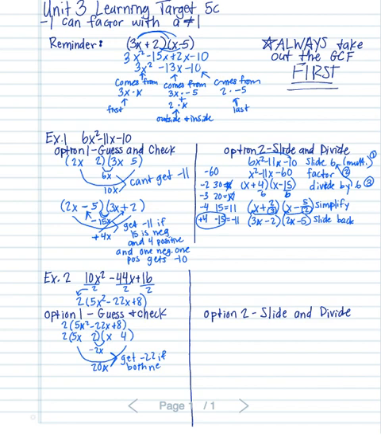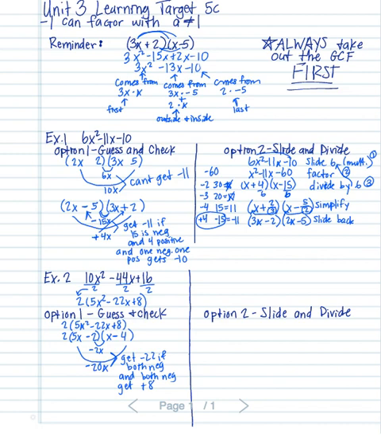Now you always have to go back and think, okay, well, a negative 2 and a negative 4 also give me that positive 8. And yes, both negative get you that positive 8 at the end when you multiply them. So in this case, we checked it, first guess was correct.